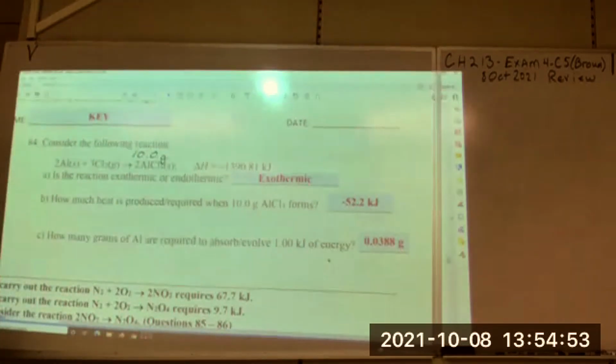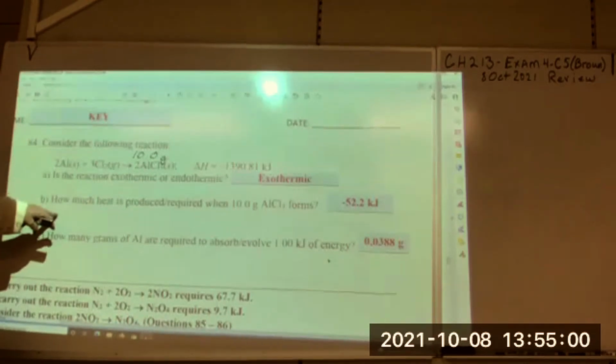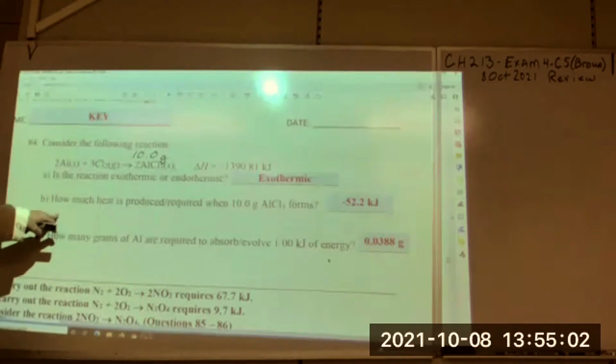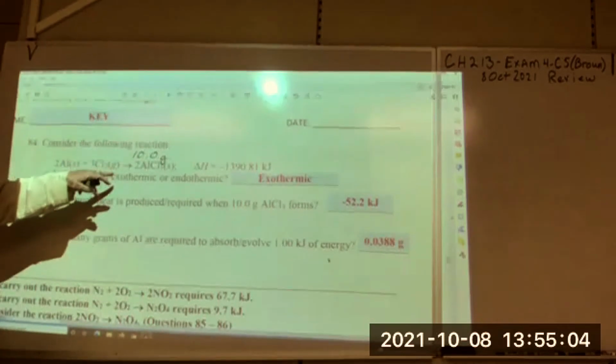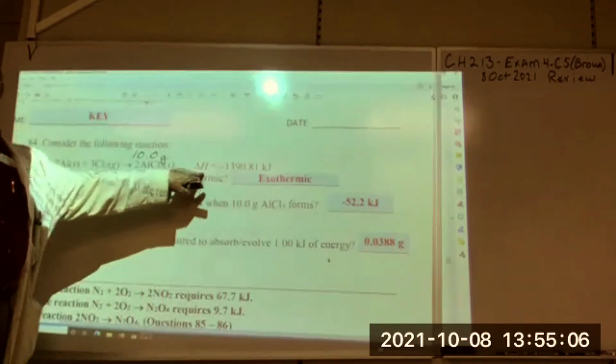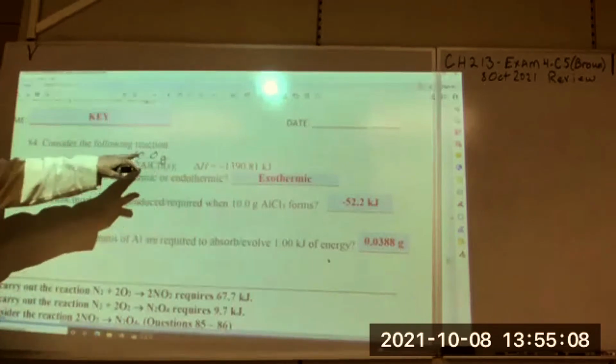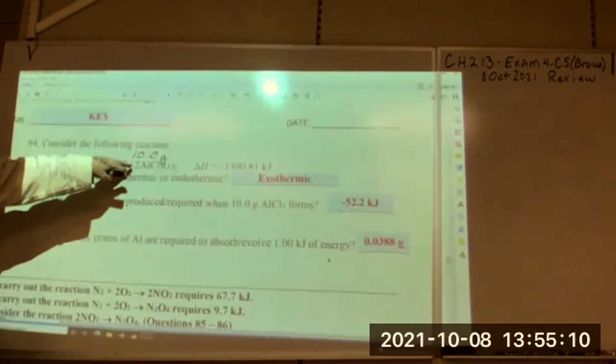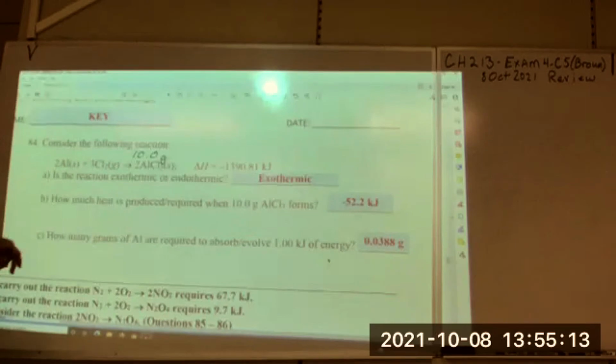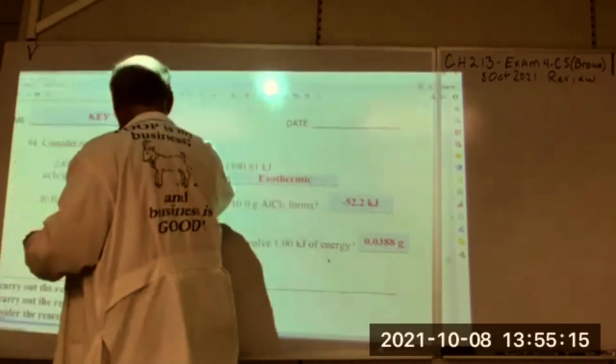Okay. So, how much heat is produced or required when 10 grams of aluminum chloride is formed? Well, this is in terms of moles. We can't go by grams. So we have to convert this to moles.